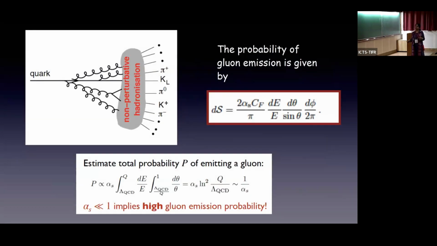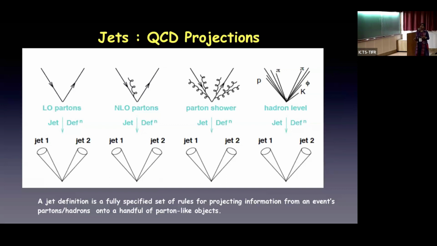This also tells why your gluon emission probability is high when your quark or gluon fragments or branches into gluons. Now, if this is true, then how do you define jets when you do the experimental analysis of data? So, if you have two partons, and then the next to leading order emission, and then your parton shower, the QCD shower, and then this is the thing which you observe at, let's say, hadronic level.